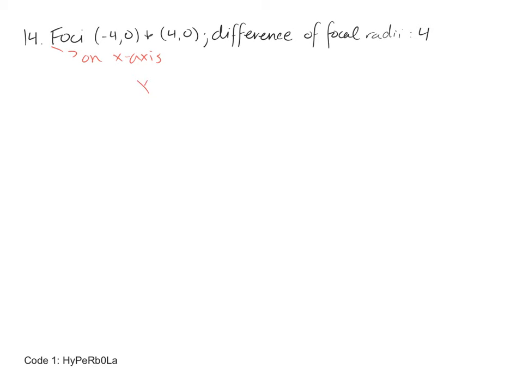So that means we're looking at an x squared over a squared minus y squared over b squared equals 1 hyperbola equation. And then the difference of the focal radii has to be equal to 2a, right, in order to fit into our two different equations. So 2a has to be equal to 4, so a is equal to 2. So that means a squared has to be, you got it, 4.